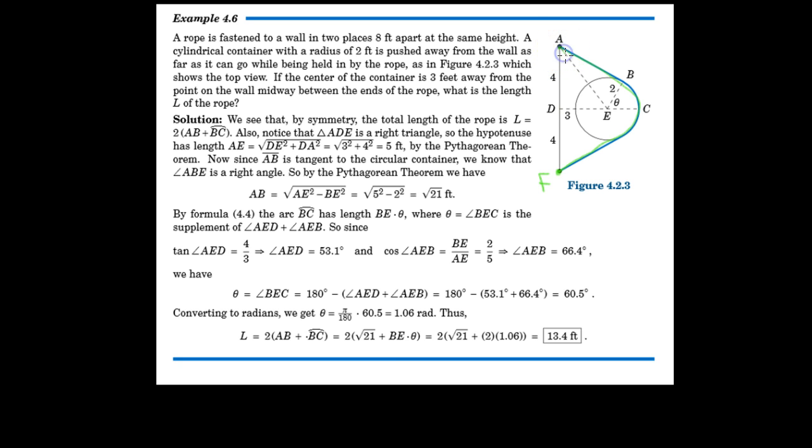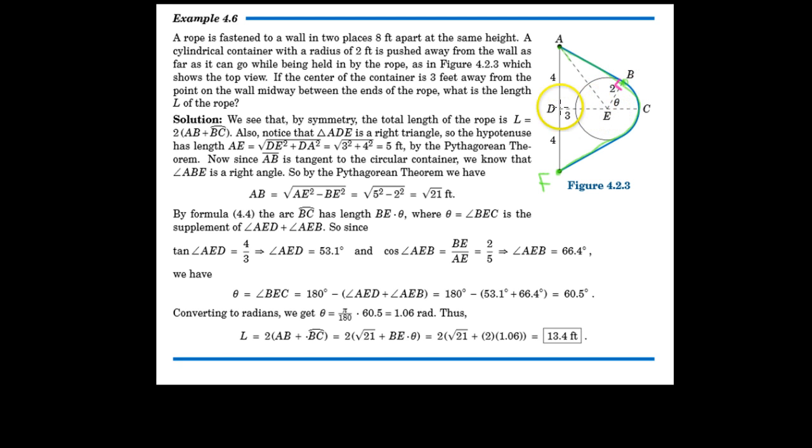Now you get to see all of your trig at work with these problems. This is going to be essential to solving these problems: we're going to deal with a lot of tangents of a circle. Remember that if a line is tangent to a circle, it forms a right angle right here. So now I have a right triangle, and I know that one of the legs is 2.